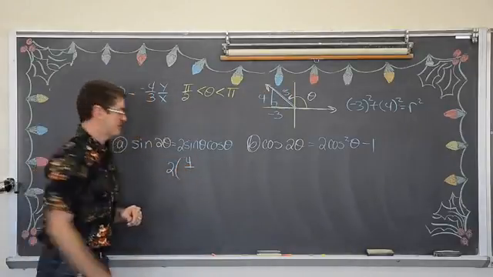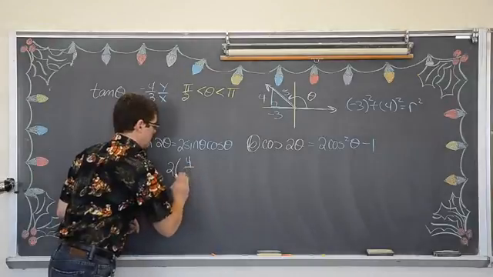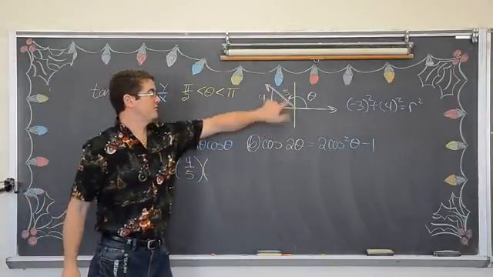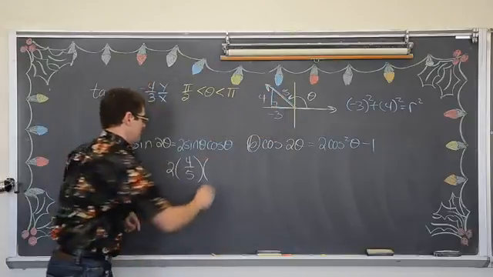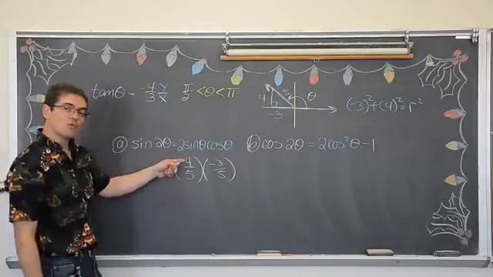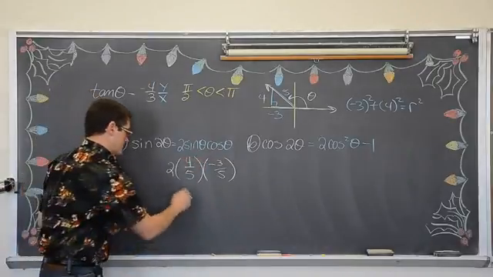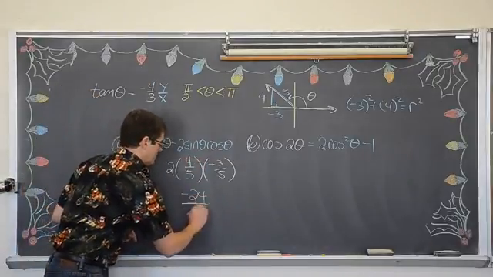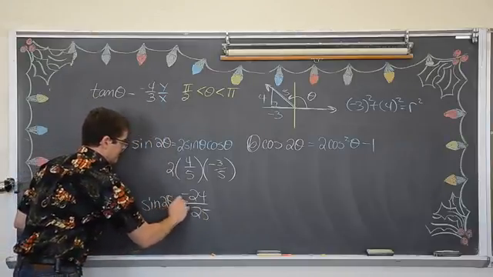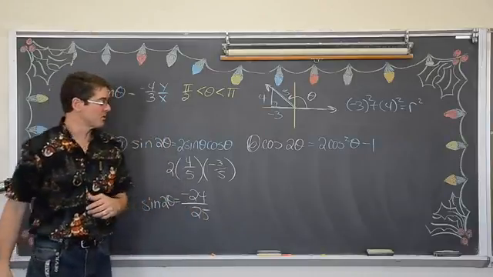Wait a minute, 4/5. And the cosine of theta is negative 3/5 because it's x over r. And so we've got 2 times 4 is 8. 8 times negative 3 is negative 24 over 25. So the sine of 2 theta is negative 24 over 25.